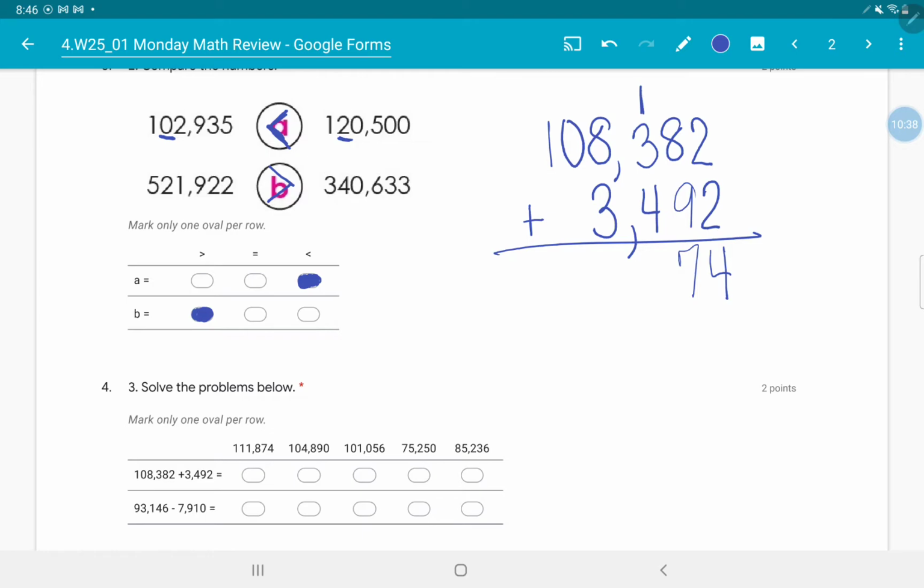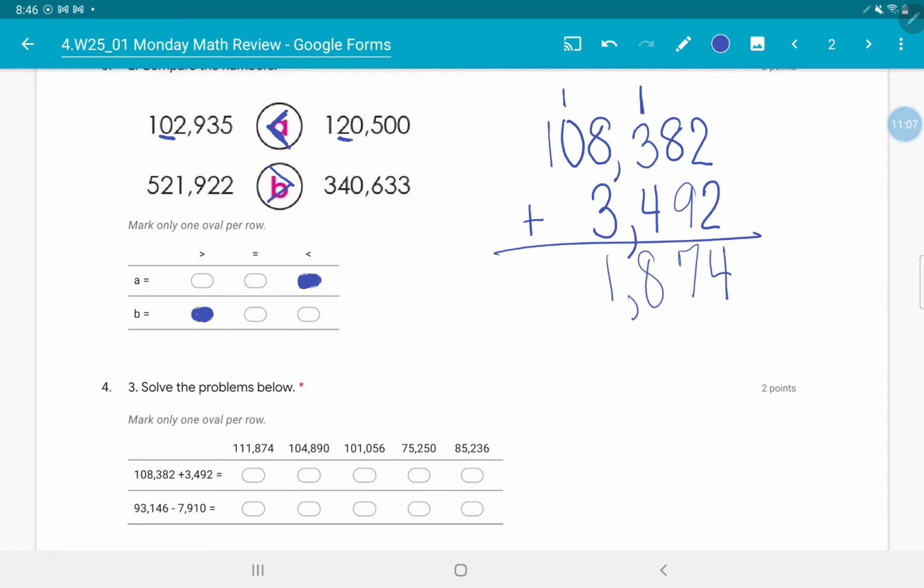4 and 4 is 8. Okay. Then what? 8 plus 3 is 11. Okay. I'm going to write down the 1 and carry that 10. Okay, so what's next? 0 plus, I'm going to add the 10.